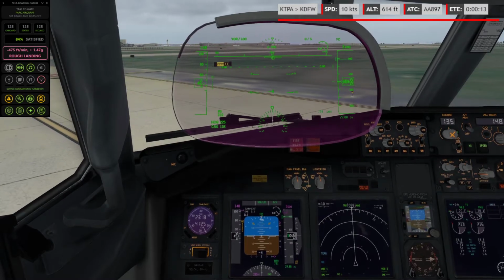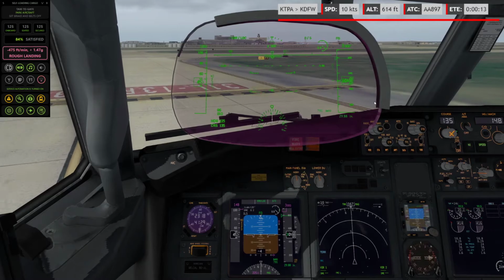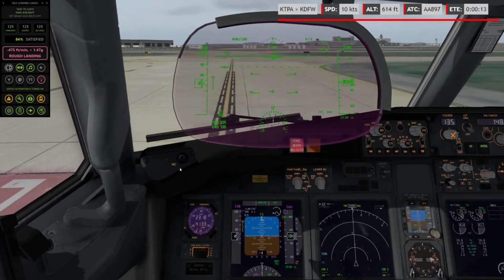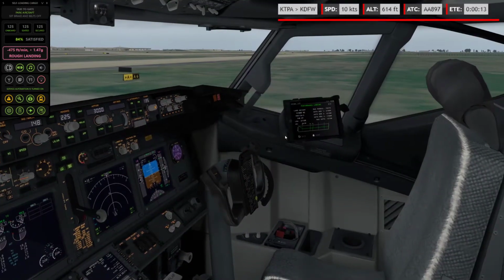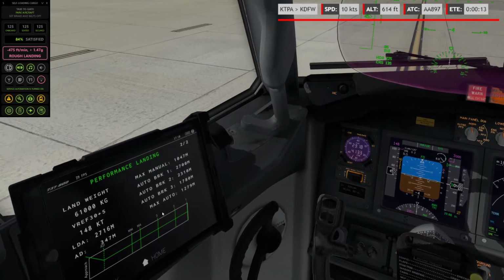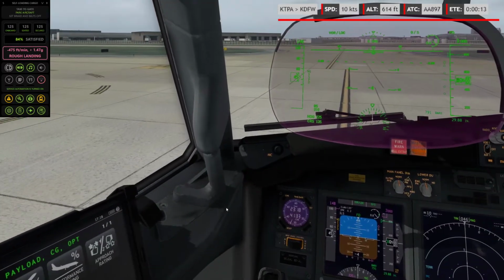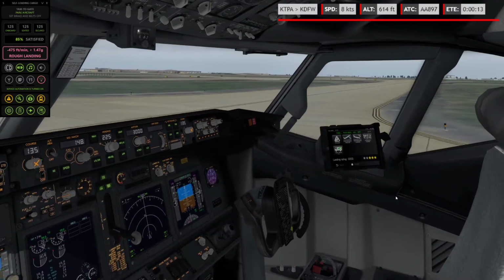Alright, welcome to Dallas Fort Worth. And as you can see, I actually misjudged my speed over there. We were basically slowing right down to pretty close to the stall speed. So we ended up, oh, I don't know why the approach rating just changed from 3 to 4 stars.